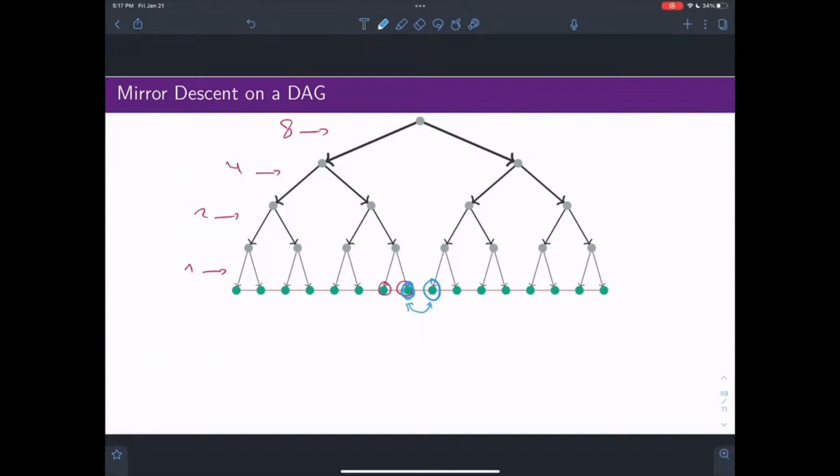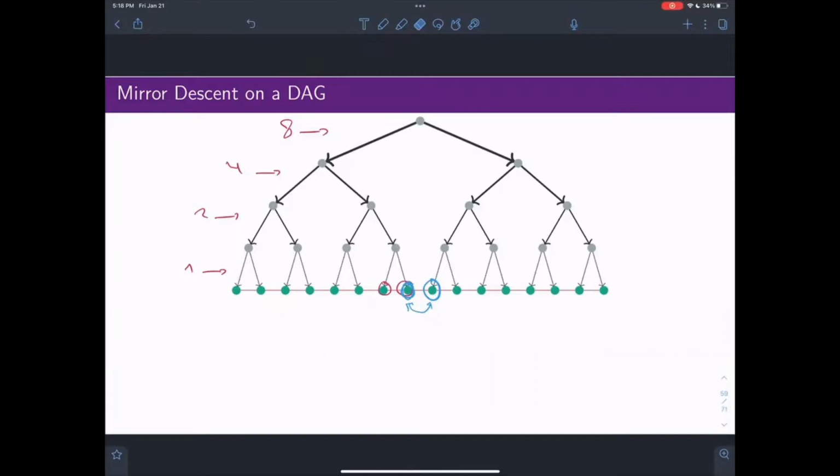And so this is why we would need to do this HST embedding randomly, and we cannot just embed this path metric into a fixed HST.